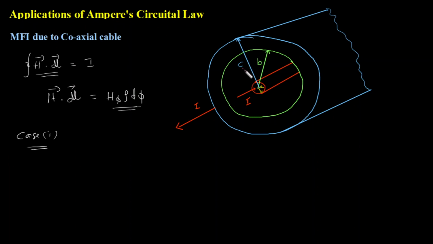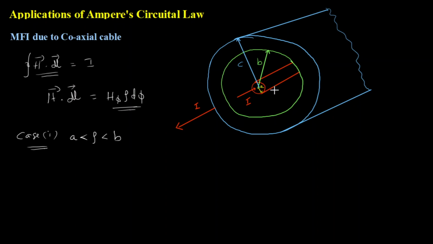So I am going to consider an imaginary closed circular path with radius rho somewhere here. So that is my case 1. So case 1 says that my rho is between a and b. What is rho? Rho is the radius of the closed path. So the radius of the closed path is going to be somewhere between a and b.